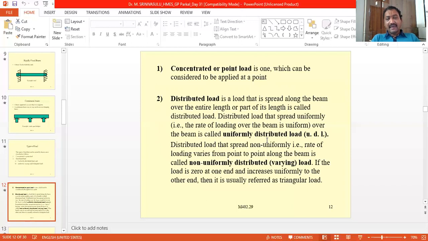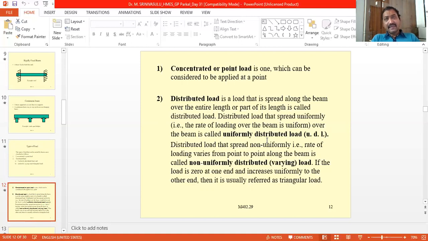So it is acting only at a smaller point, having a smaller area. So that area is negligible. In case of point loads, the area at which the load is acting is negligible when compared to the area of the beam. That means it's just a point on the beam.